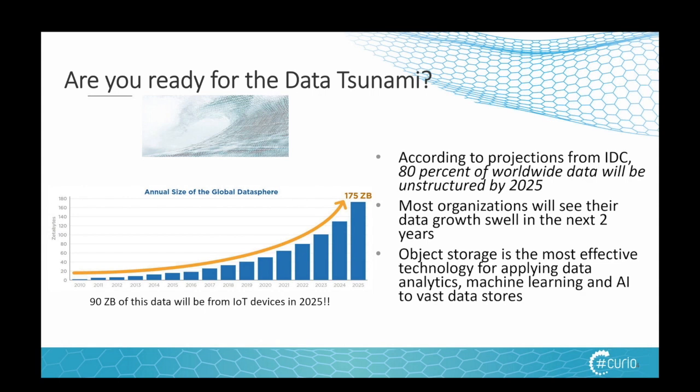Manufacturing is pushing more and more data to better utilize the machines and get better production. And right now, object storage is the most effective technology when you apply data analytics, machine learning, and AI to vast data stores. When you want to pull that information and collaborate on it, object storage is the quickest way to do that.